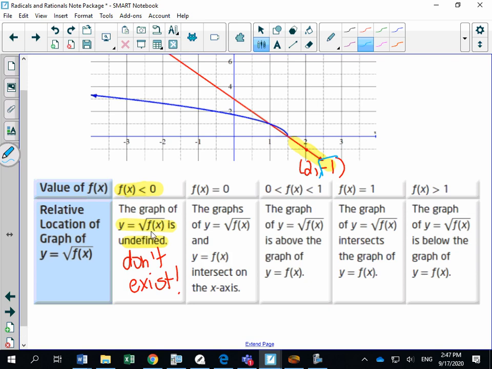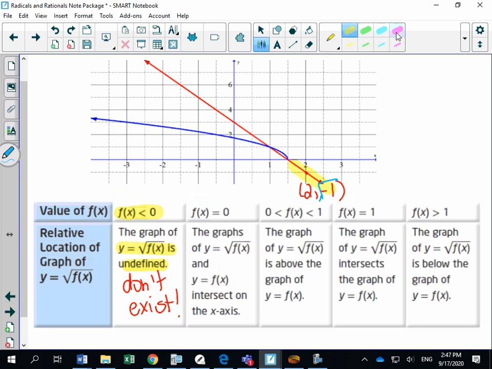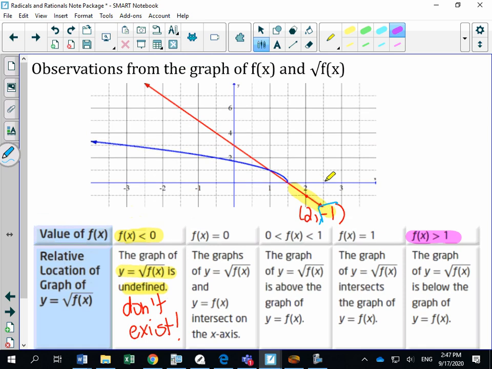Now, if you have a different color highlighter, let's look at our graph where our original graph is greater than 1. So where the original graph is greater than y is equal to 1, remember that this is our y value. So it's pretty much from here up. So this is my original graph.